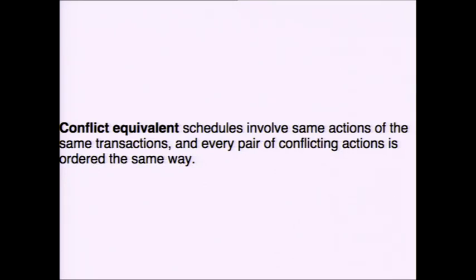So, for example, if transaction 1 is doing a write and transaction 2 is doing a write, and the write of transaction 1 comes before the write of transaction 2, then there must be some serial schedule in which all the conflicting actions of transaction 1 come before the conflicting actions of transaction 2, right? And if that holds true, then the schedule is conflict equivalent to some serial schedule, and it is therefore conflict serializable.